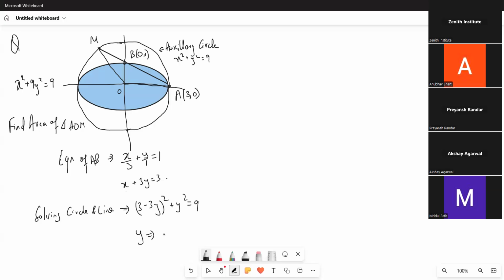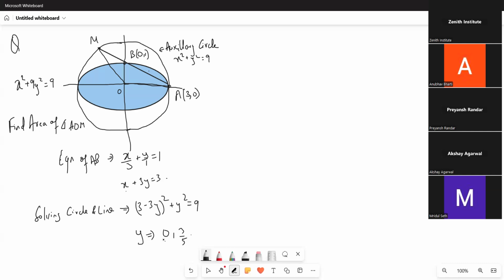What do you get for y? 0, 3/5. So one value will be 0, one value will be 3/5.